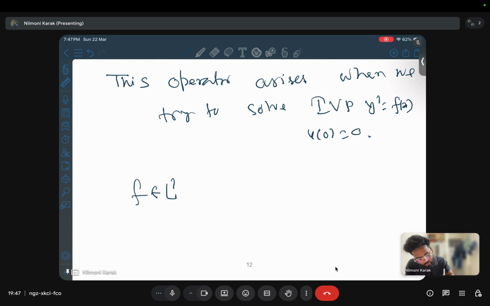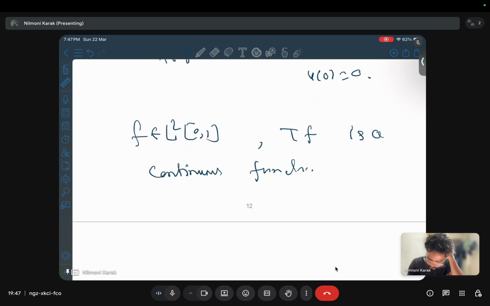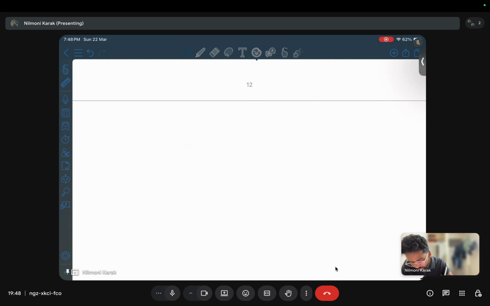Since f is in L2[0,1], its integral Tf is a continuous function, because of integration. Let us assume x less than y.